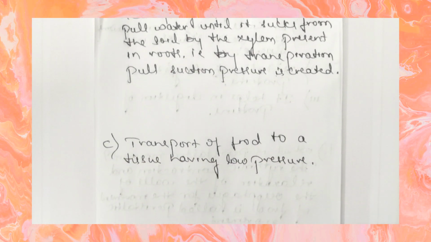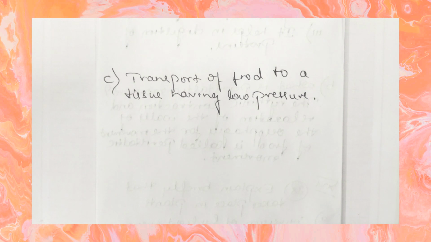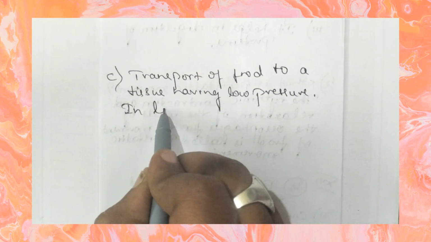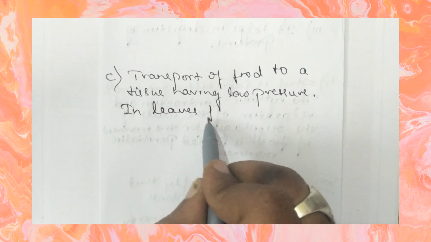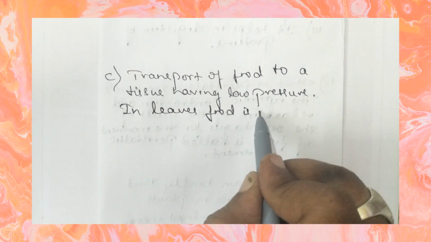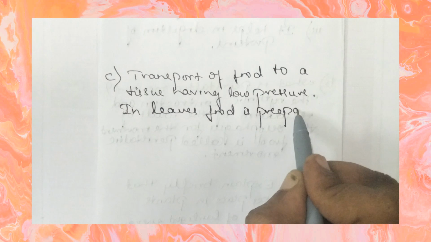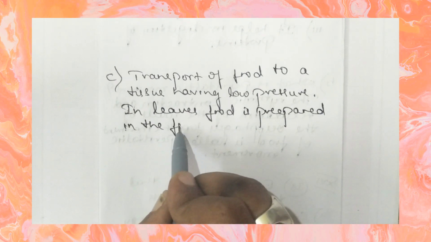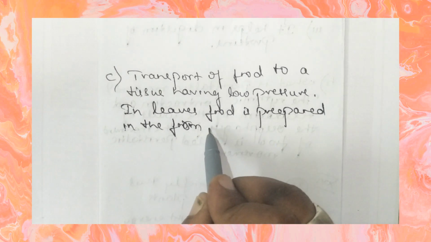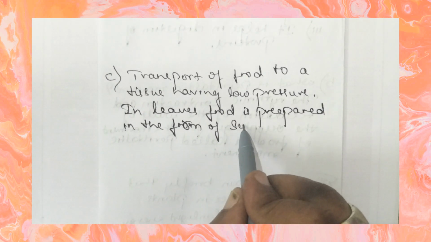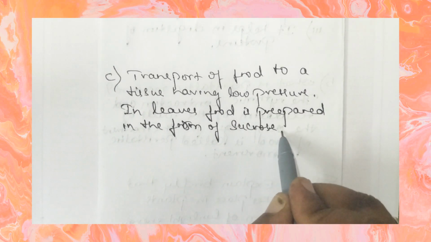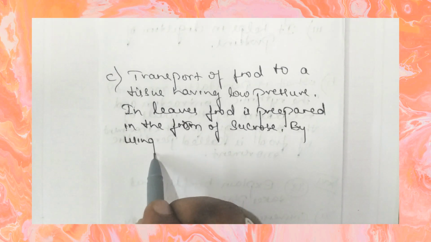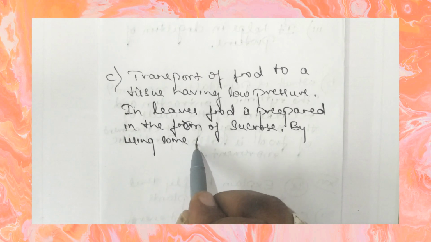In that one, the C question is there. Transport of food to a tissue having low pressure. In leaves, food is prepared in the form of sucrose using some ATP of energy.